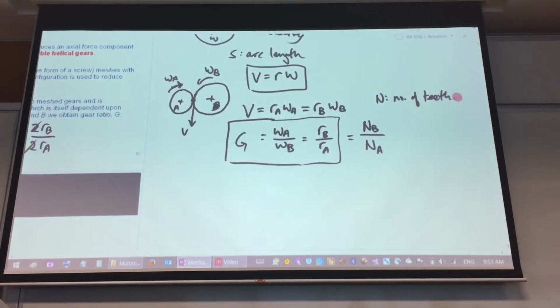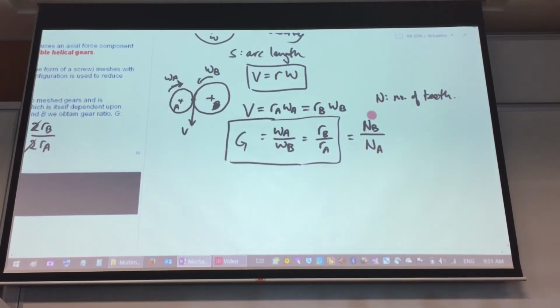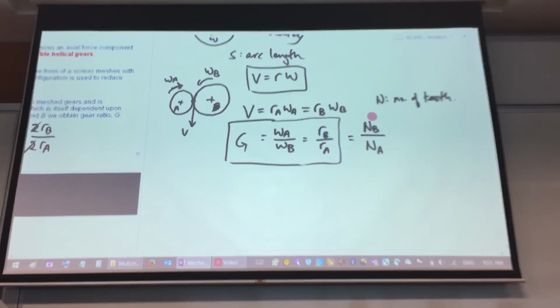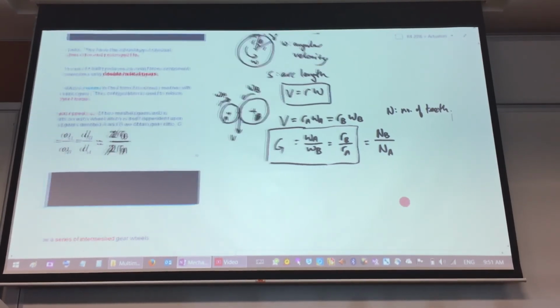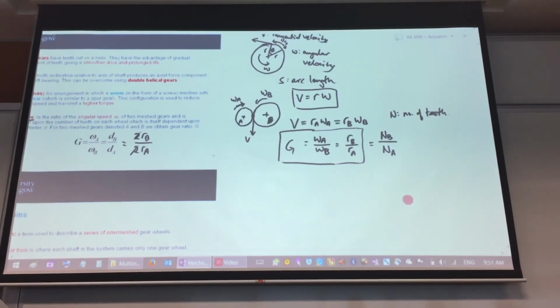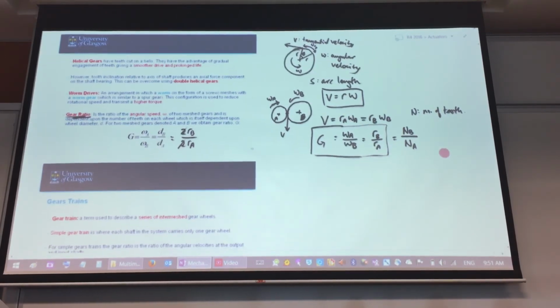Later on, we'll be using this N to represent our gear reduction ratio. So I'm not going to touch a lot on this so that you don't get confused with the other N, the same capital letter N that we'll be using. So that's for just 2 gears that are side by side to each other.